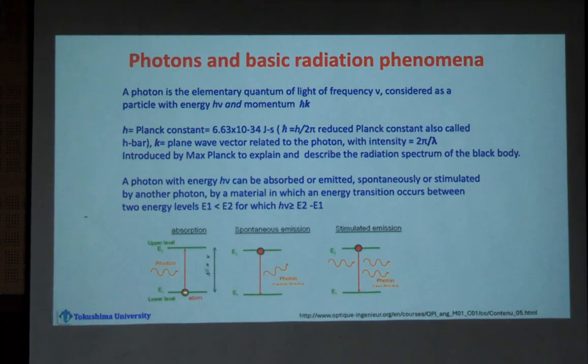How much time does this electron stay in this level, and when it bounces back, whether it emits the light or whether it does not emit the light. If it does not emit the light, we call it absorption. So you put the light, and if the light is absorbed and not passing on, not reflecting, not diffracting, nothing happens, everything is absorbed, then you cannot see this light. All light is absorbed. So that is absorption.